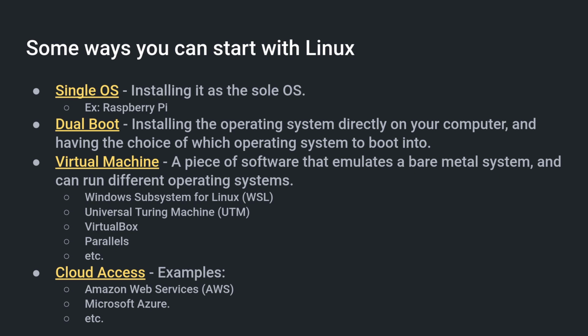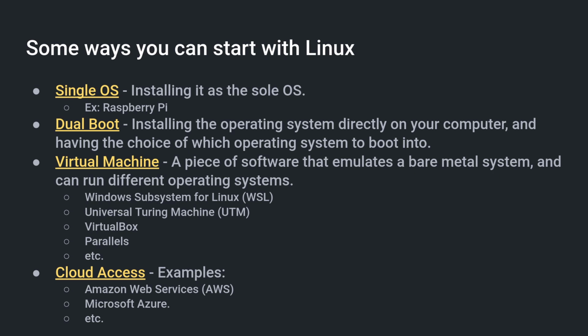And then also, you can have a virtual machine, which is a piece of software that emulates a bare metal system and can run different operating systems. So pretty much you would run this piece of software on your current operating system, but you'd be able to use Linux as well. So a few different types of virtual systems.